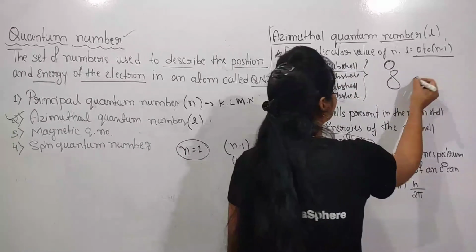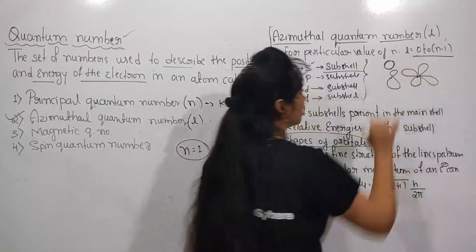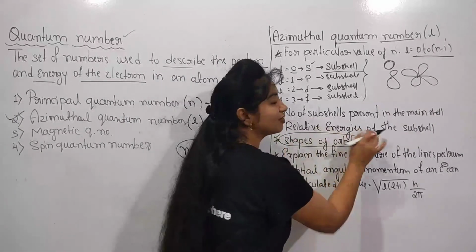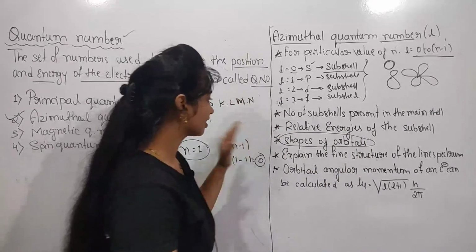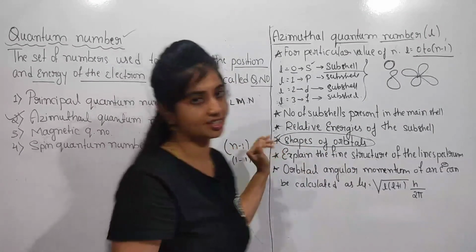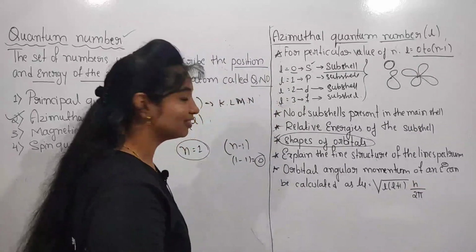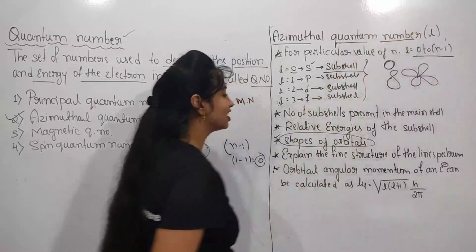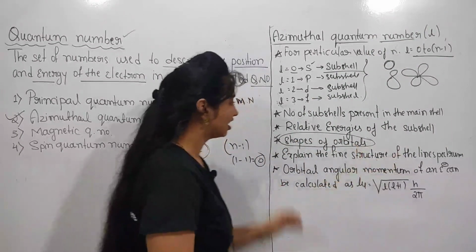In a D subshell, we have a double dumbbell shape orbital. So like this it tells us the shapes of orbitals also. In our next class, I wish to explain in detail about these shapes of orbitals. So now nothing to worry, just remember the azimuthal quantum number gives us the shapes of orbitals also.